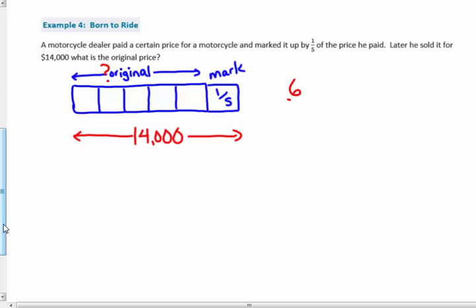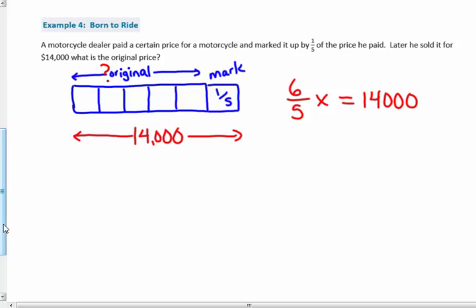I have 6 fifths times some number that I don't know. I'm going to call it X, or I could call it U for units, or B for bars. 6 fifths of some number has to equal $14,000, because I have 6 fifths bars in this picture.